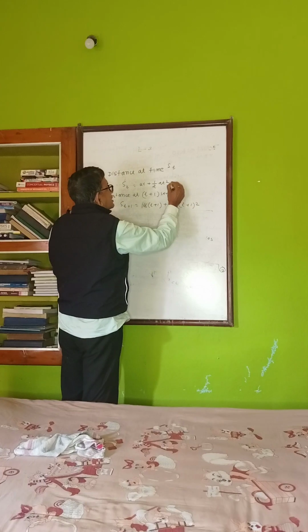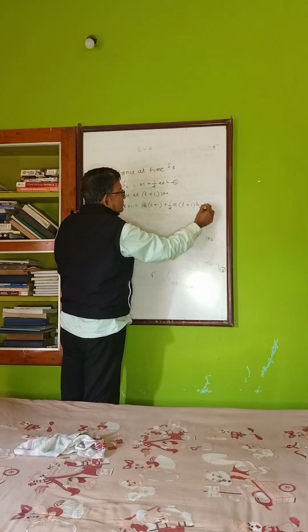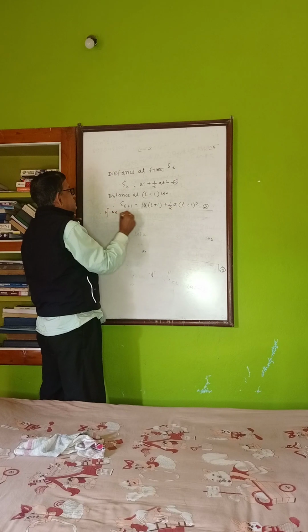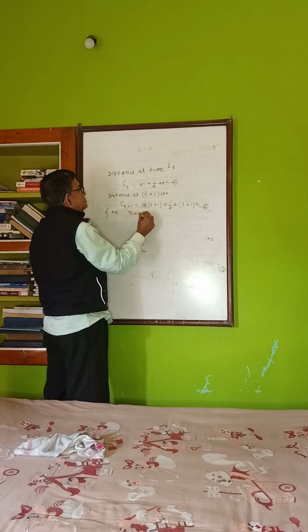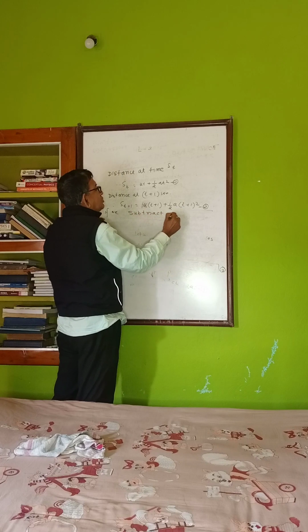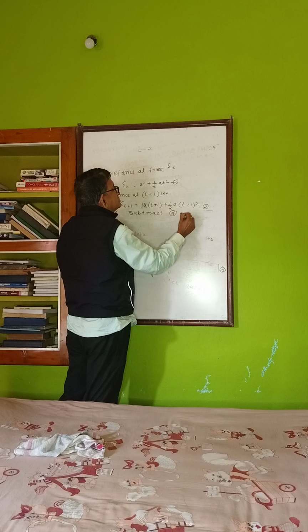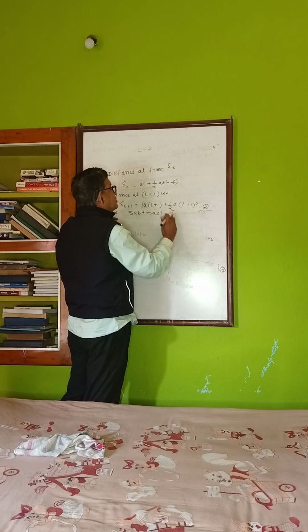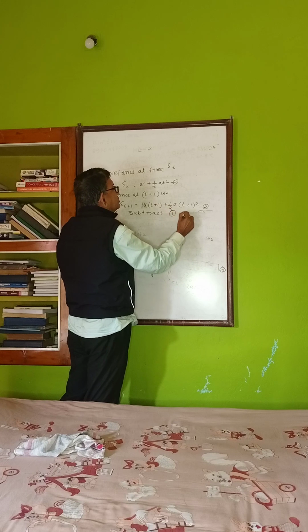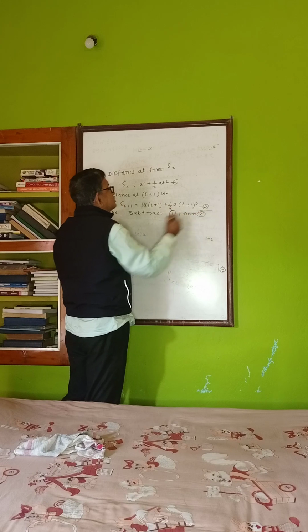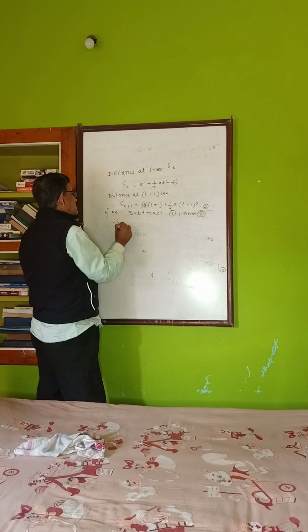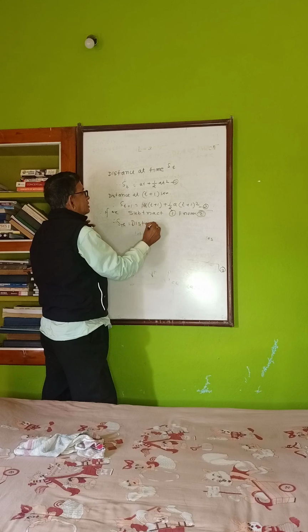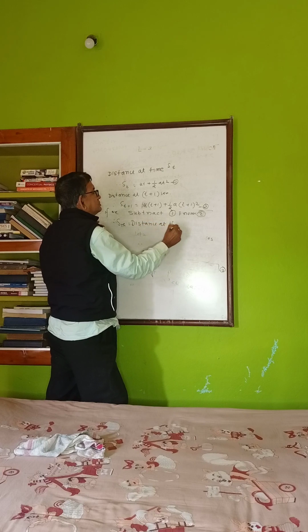So if we subtract 1 from 2, we have the distance in the t-th second.